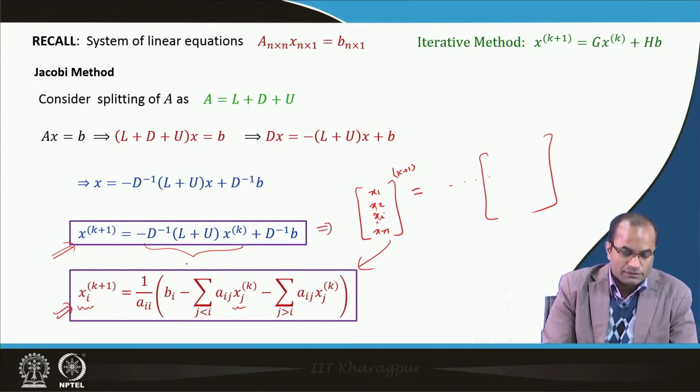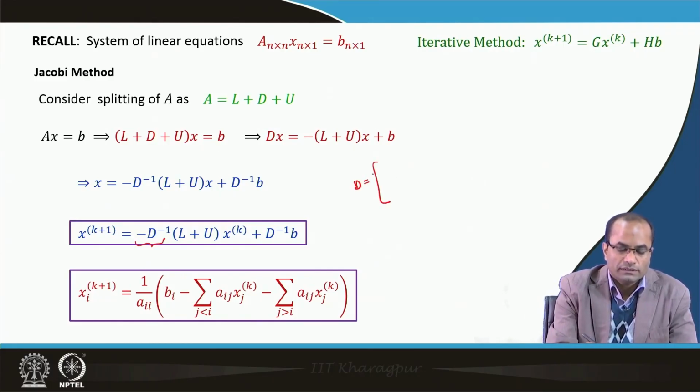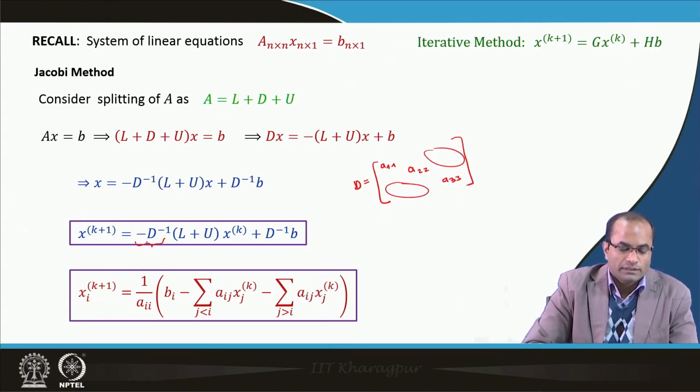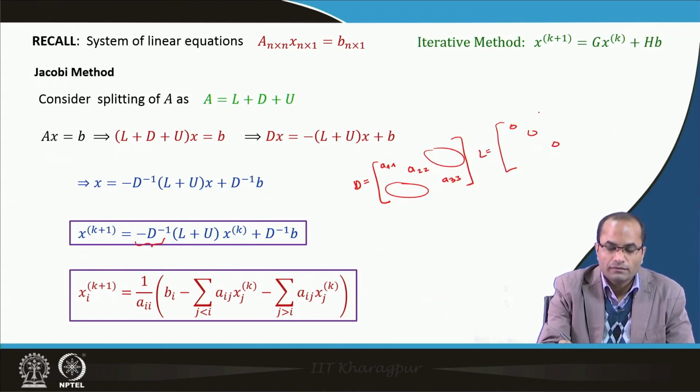This can be seen directly from here, because D is the diagonal matrix having the entries a 11, a 22, a 33, for instance if we have a 3 by 3 matrix, and all the other components are 0. L and U are the lower and the upper parts. L is the lower: it has 0 already on the diagonal and on the upper off diagonal, and only these terms will survive, that is a21, a31 and a32.